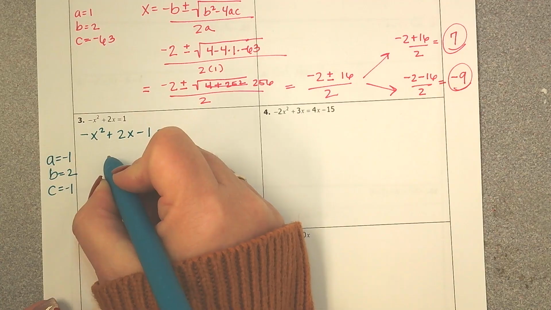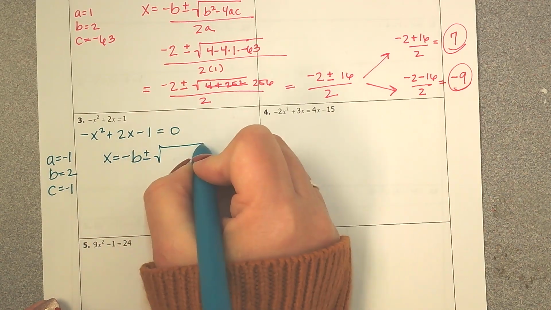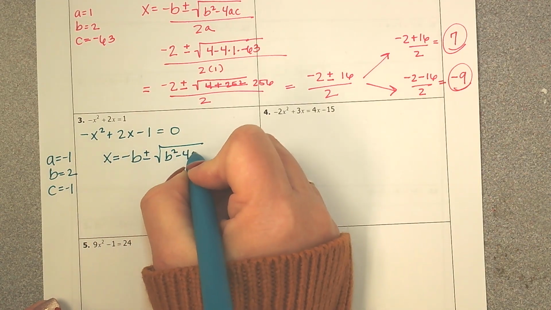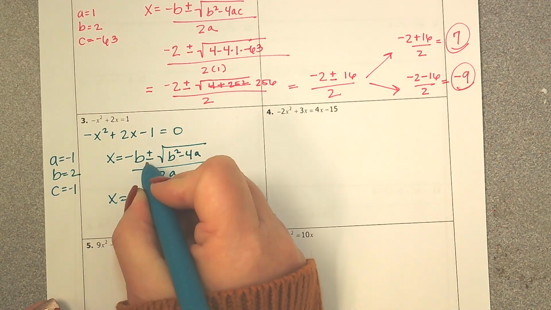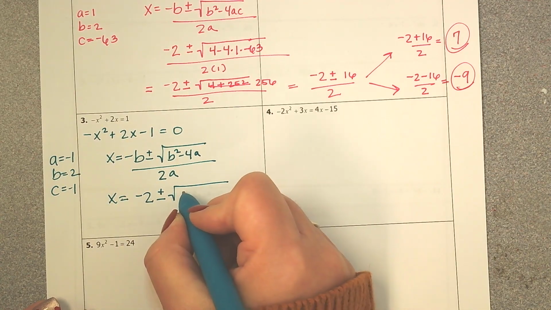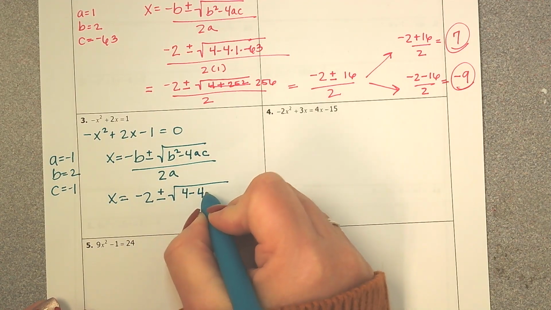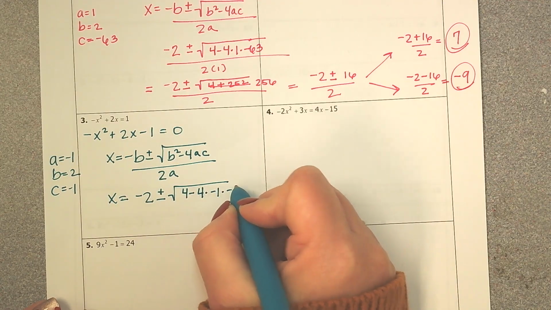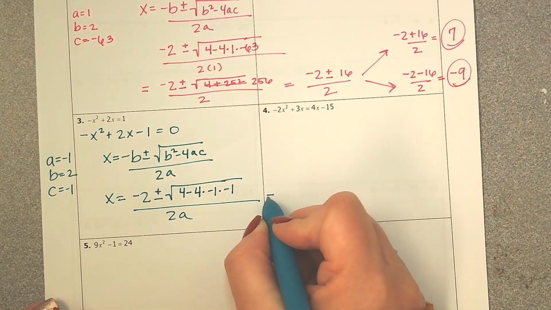The quadratic formula is x equals negative b plus or minus square root b squared minus 4ac all over 2a. The opposite of b is negative 2. b squared is 4 minus 4 times a times c all over 2a.